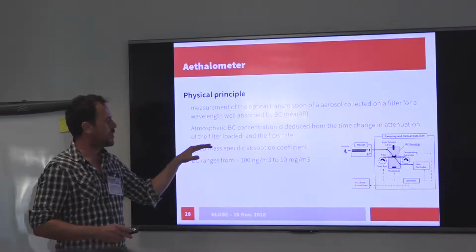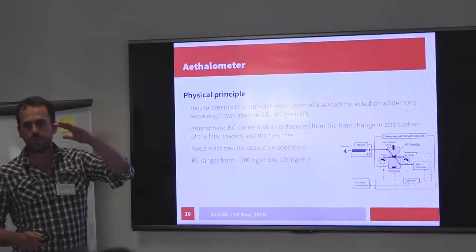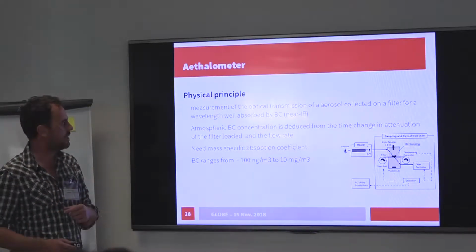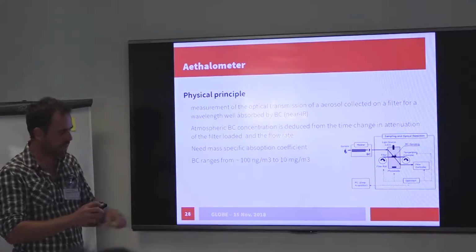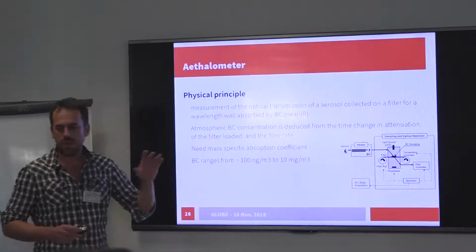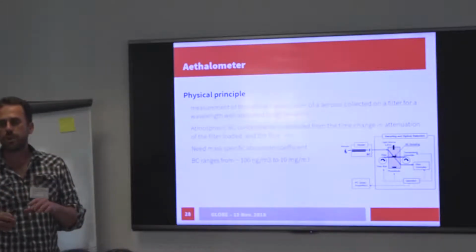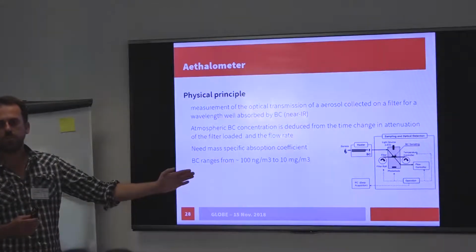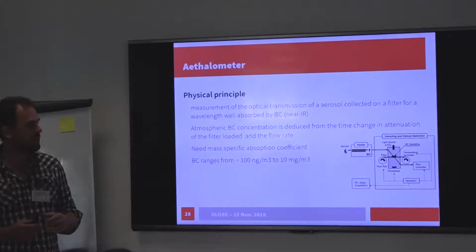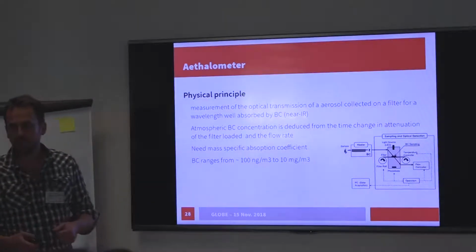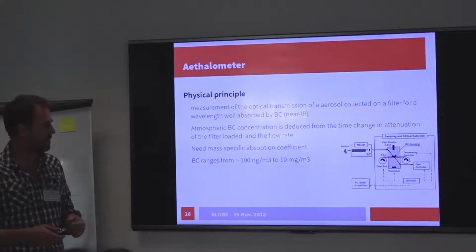From the change in the attenuation, we can derive the atmospheric concentration of black carbon. Usually the concentration varies between hundreds of nanograms per cubic meter in a very clean environment like the Pic du Midi I showed you before, up in the mountains, to tens of micrograms if you are doing a barbecue or very close to your diesel car.